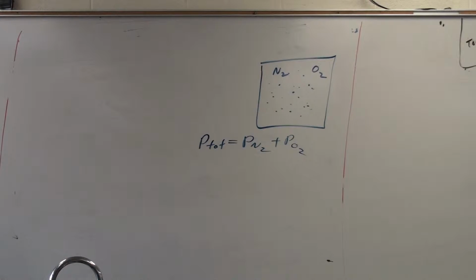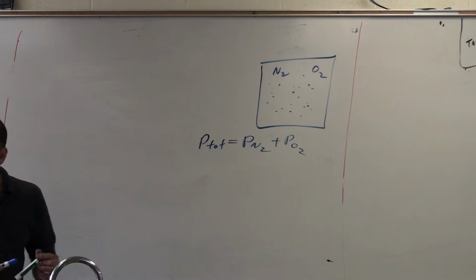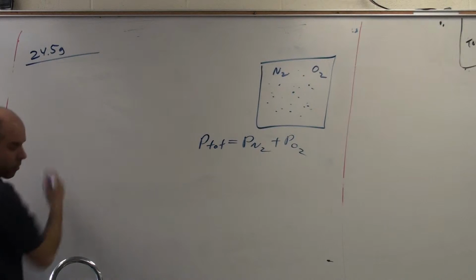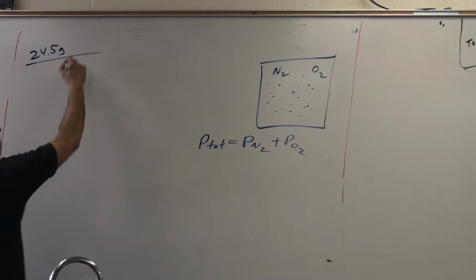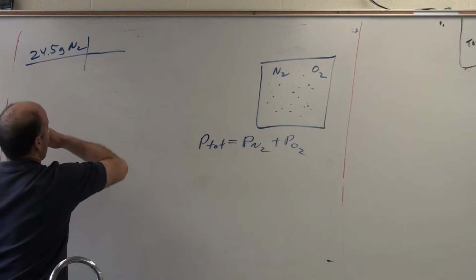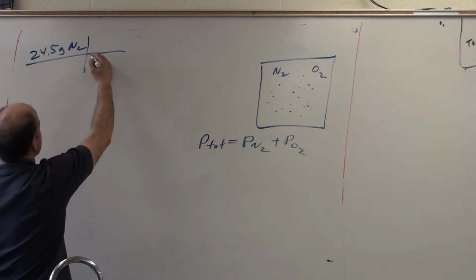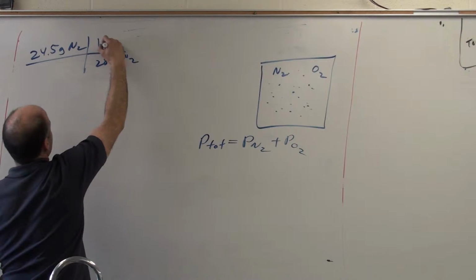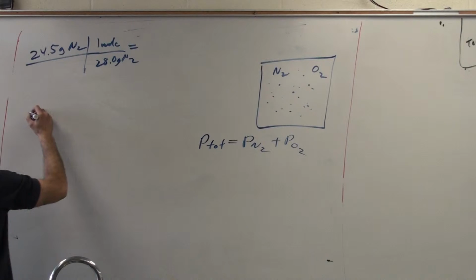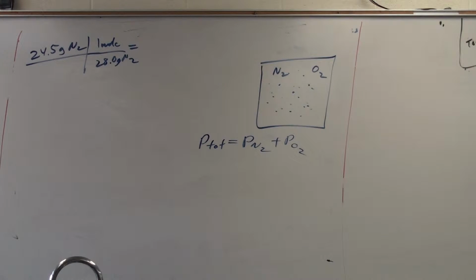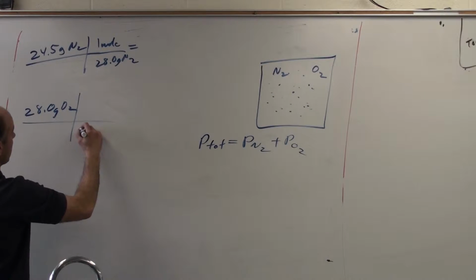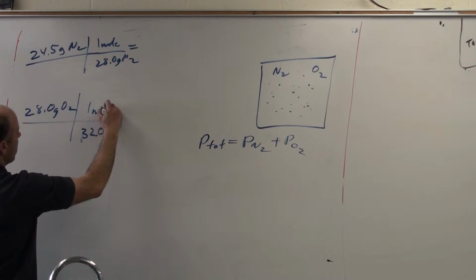We've got 24.5 grams of nitrogen and 28 grams of oxygen. So 24.5 grams of nitrogen, and 28 grams of nitrogen is 1 mole, and I've got 28 grams of oxygen, and 32 grams of oxygen gives me 1 mole of oxygen.